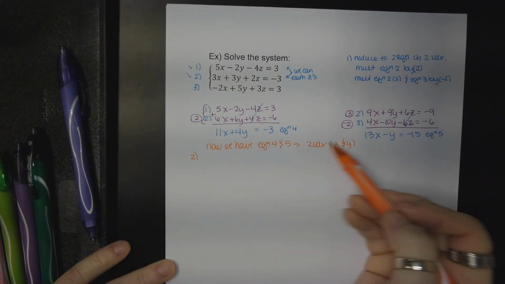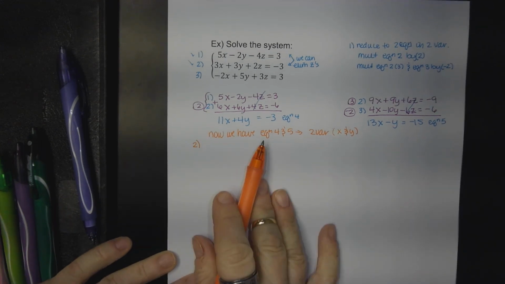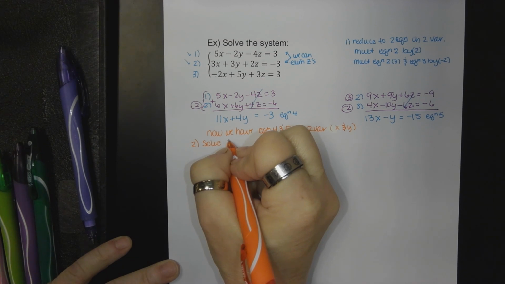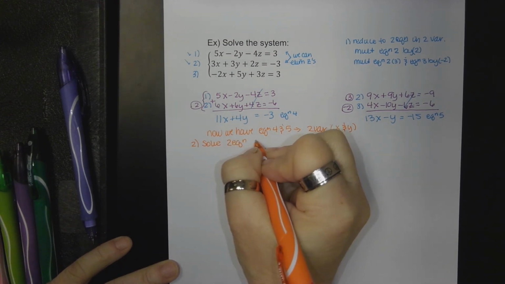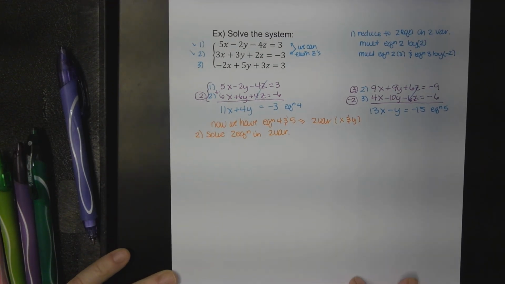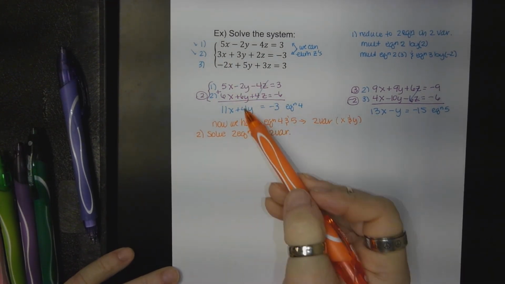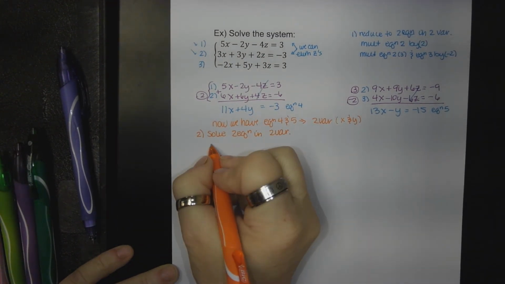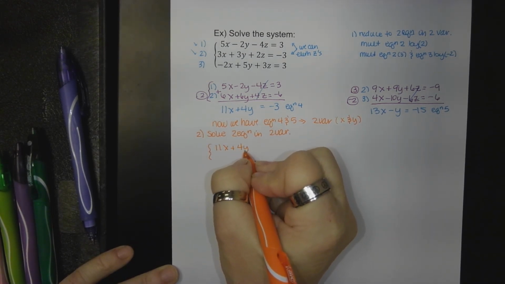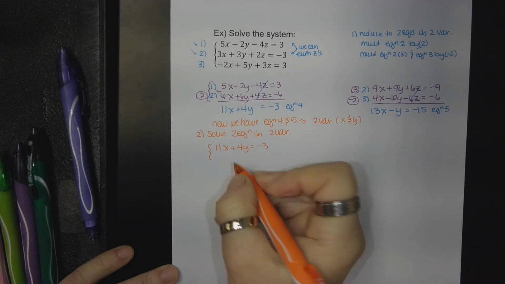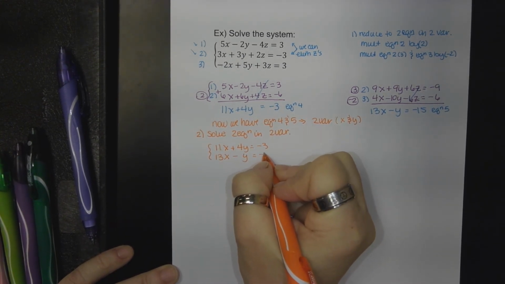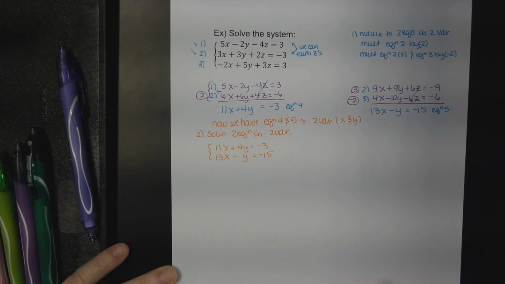That was step 1. All of that was step 1. Okay, now we're going to do step 2, which is solve 2 equations, 2 variables. So we're going to make a new system from these 2 equations. So we have 11x plus 4y equals negative 3, and 13x minus y equals negative 15.